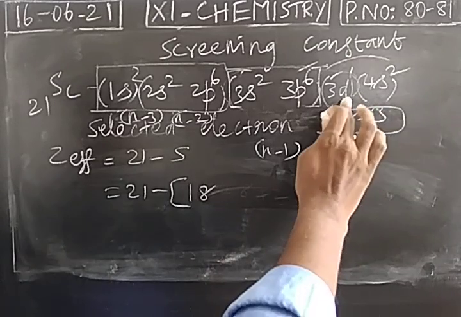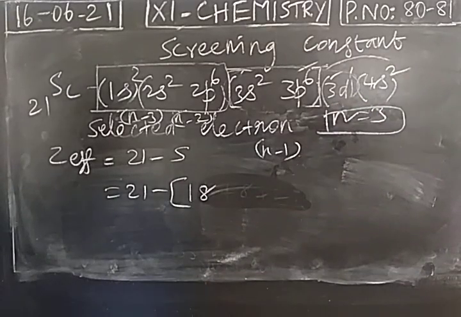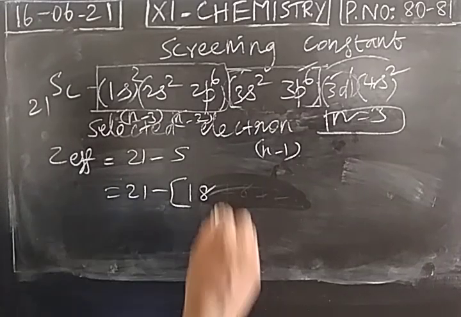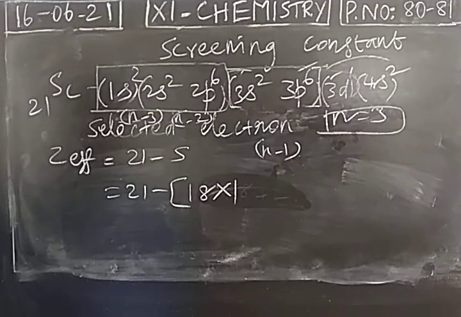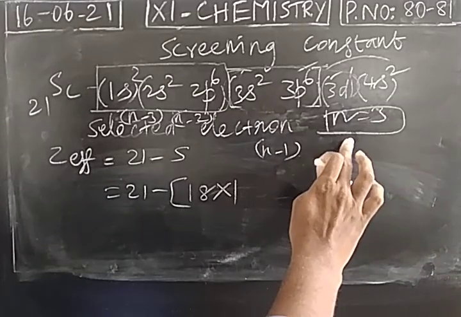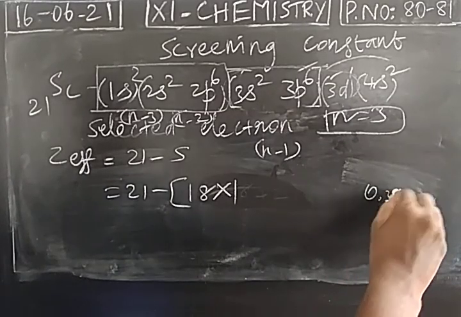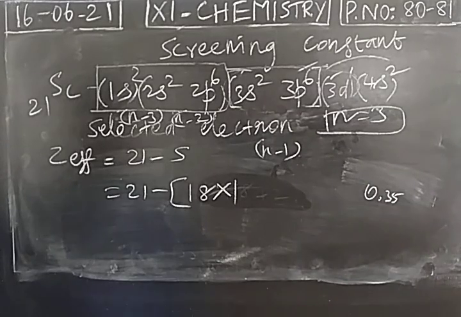When we select a d electron or f electron, electrons present in the n-1 cell, n-2 cell, n-3 cell will contribute value 1. Remaining electrons in the nth cell will contribute 0.35, but all other cells n-1, n-2, n-3 will contribute 1.